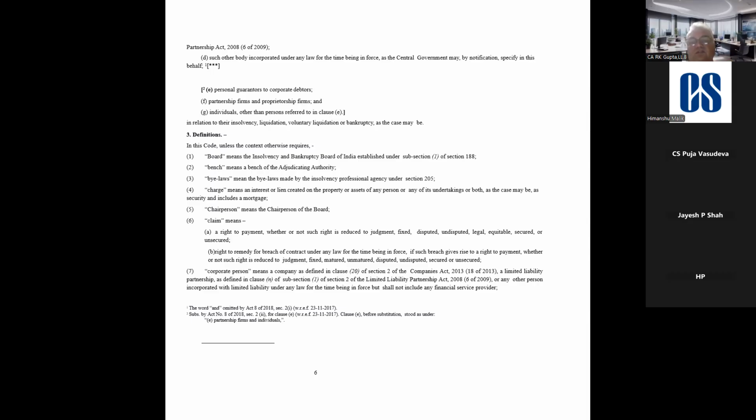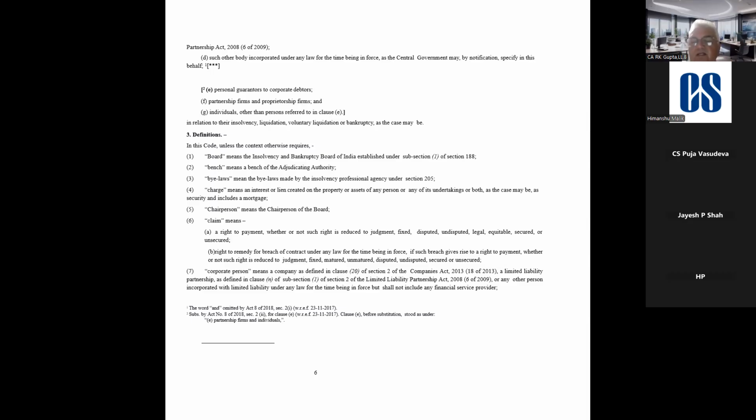Normally, suppose a bank has given you a loan and you don't pay, the bank can initiate proceedings under IBC against you. But suppose you have rendered services to the bank and the bank doesn't pay, then do you have the right to initiate proceedings against the bank, yes or no? It will be subject to approval of the regulator. Right. So there is a separate procedure.